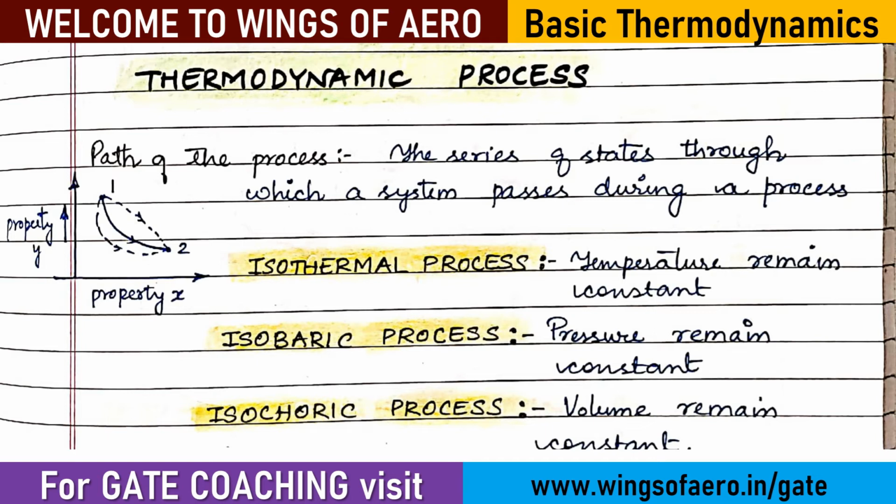You should know that. Now what is meant by path? As clearly shown over here, suppose on the x and y axes we have two different properties. Now we have one point. We are doing something at one point here, point 1, and point 2 is this.